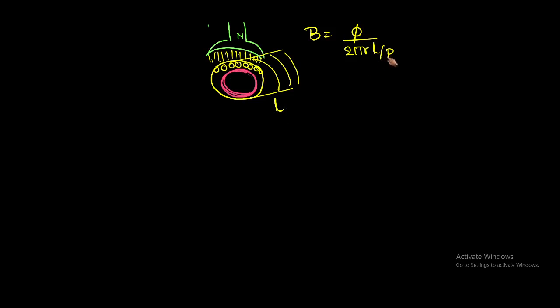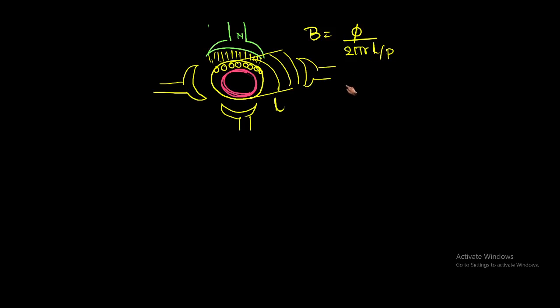Next, per pole: how many poles are there? For example, here is one pole, and here is another pole. So many poles will be there, and depending upon that the area is divided, so divided by P we have written.